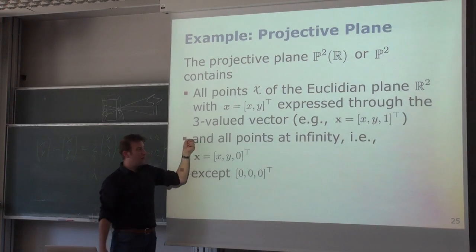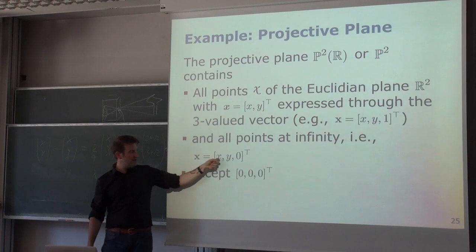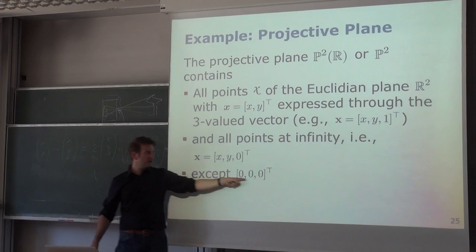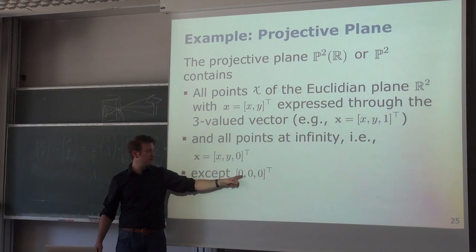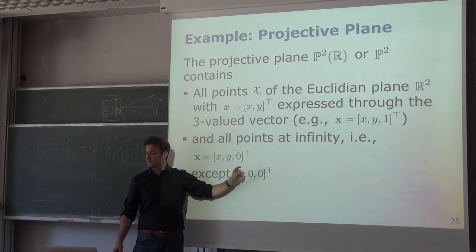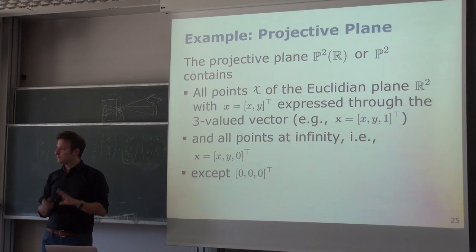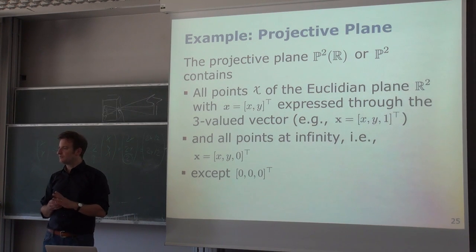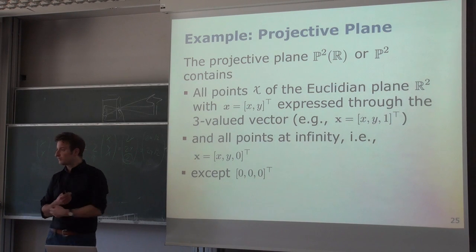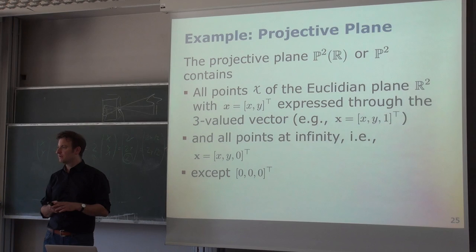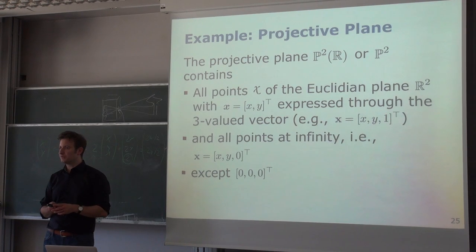All points at infinity, which are x, y, and 0, get this 0 over here. But what is not in there and doesn't belong to that space is the zero vector, 0, 0, 0, because our constraint would be violated. Is that clear? So the only vector which is not part of that space actually is the vector where all components are 0. At least one of the components needs to be unequal to 0.